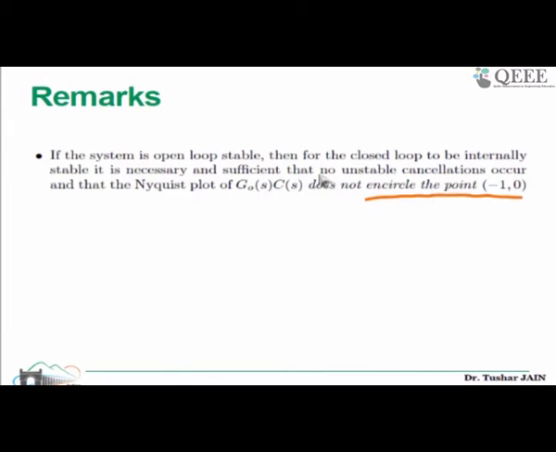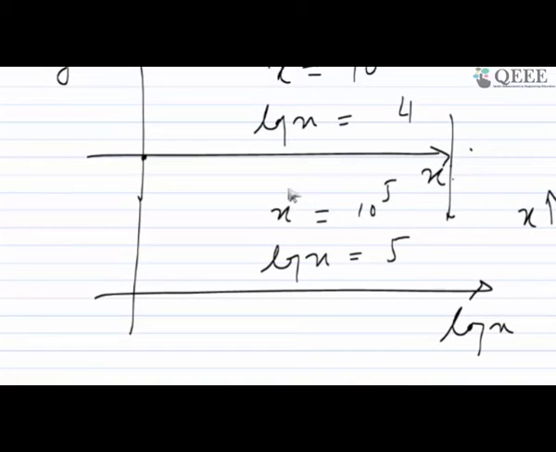Pay attention to a couple of words here: first of all, there should not be any unstable pole zero cancellation within this G0 C(s). What does it mean? It almost means the same thing we were discussing last time.